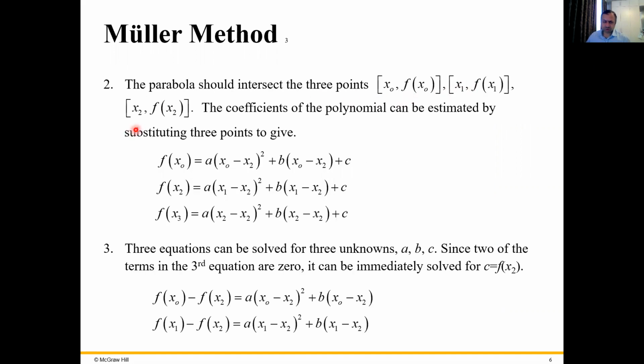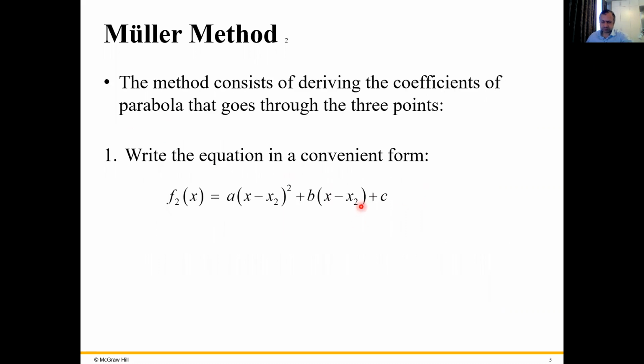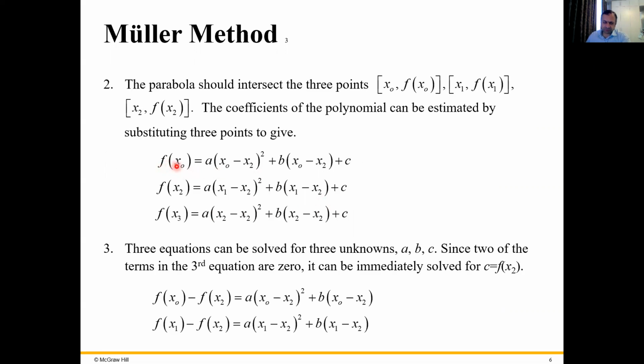If we input these coordinates into this equation, we replace x with x0, so what we get is f of x0. Similarly in this next equation, x has been replaced with x1. And in the third equation, x has been replaced with x2. And in the last equation, x2 minus x2 will cancel out, so f(x3) will be simply equal to c.